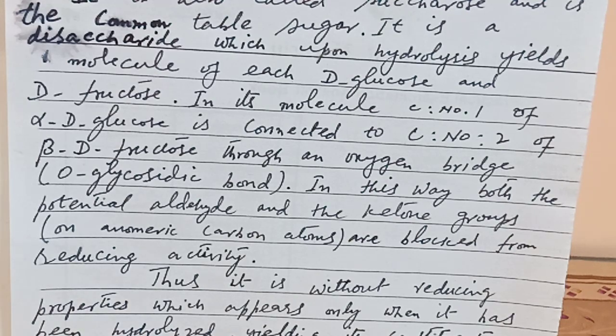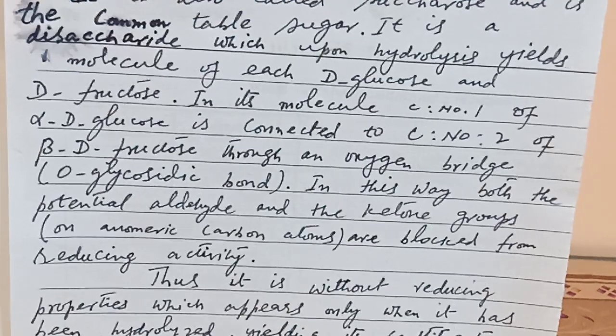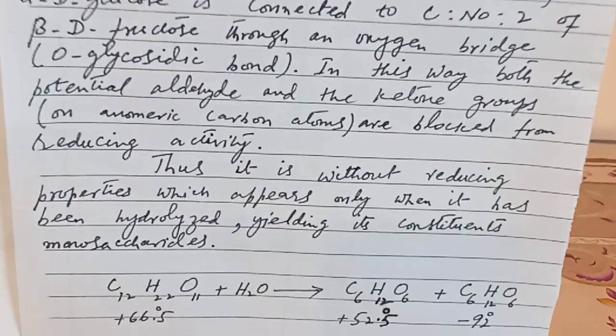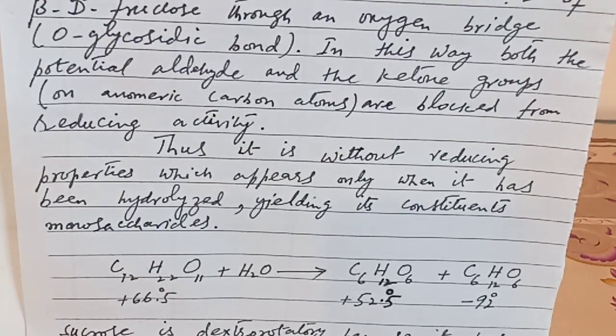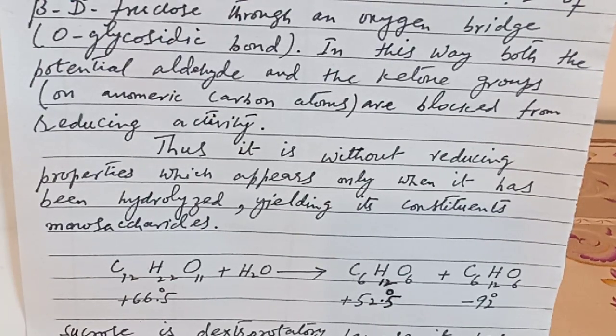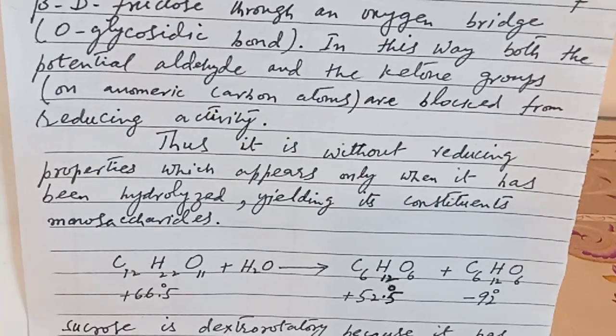That's why the reducing property of these two sugars is blocked in the formation of sucrose, and this sugar becomes non-reducing. Thus, it is without reducing property, which appears only when it has been hydrolyzed, yielding its constituent monosaccharides.